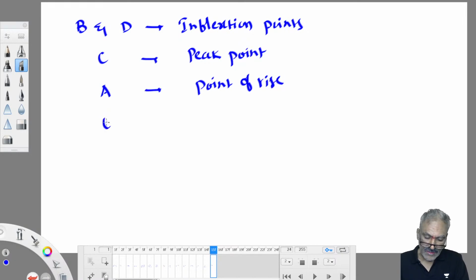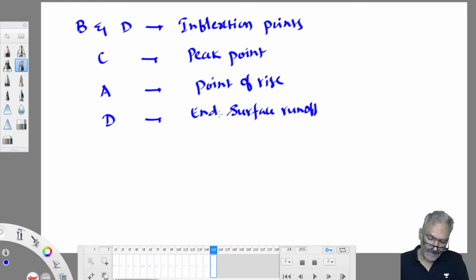Then E, or the C point, or D point, is also called the end of direct runoff point. Not direct runoff, end of surface runoff. Direct runoff includes surface runoff and interflow. So even though surface runoff stops contributing, we still have direct runoff in the form of prompt interflow.